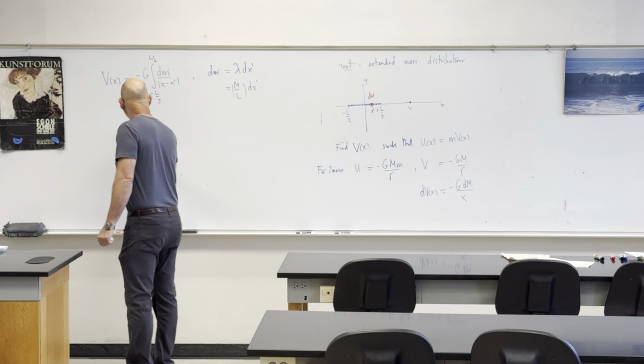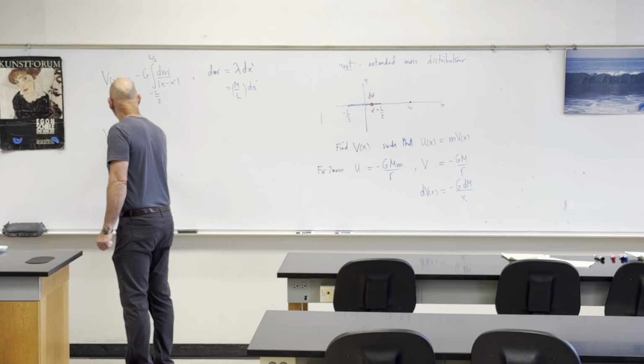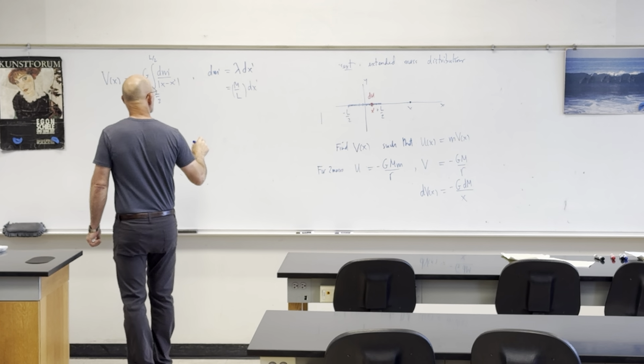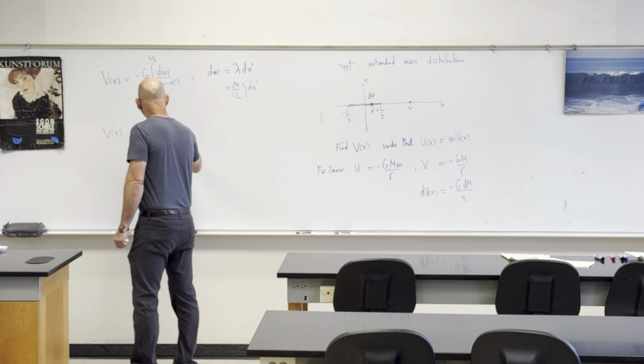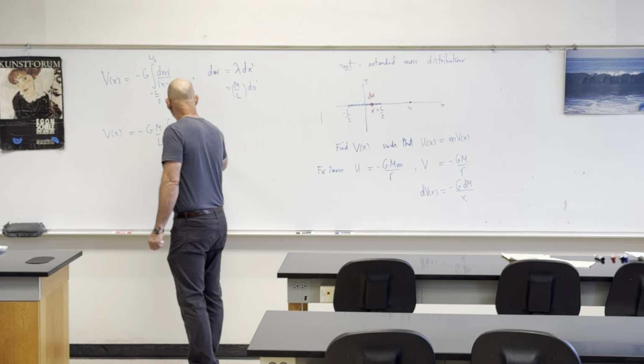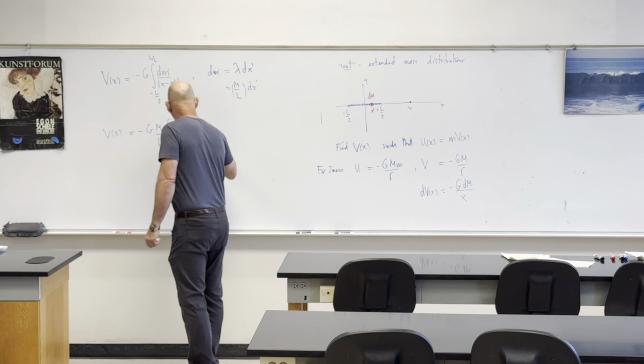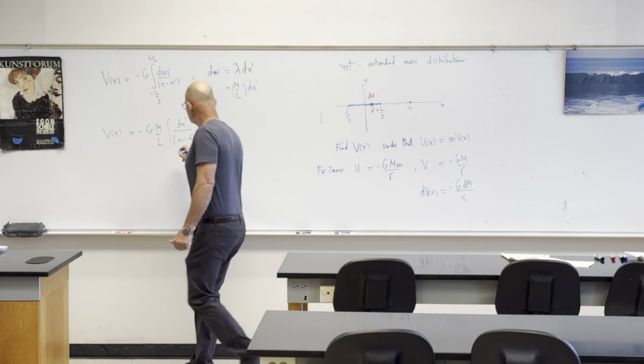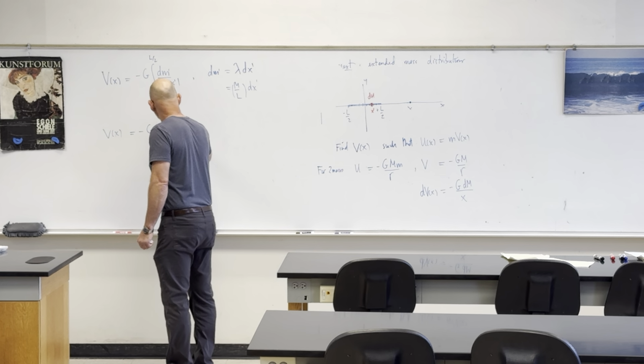So we have equals minus G. We've got that lambda there, so GM over L integral dx prime over x minus x prime. We're just going to have x positive, so I don't have to worry about the absolute values, from minus L over 2 to L over 2.